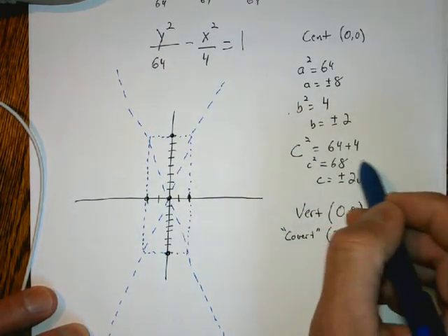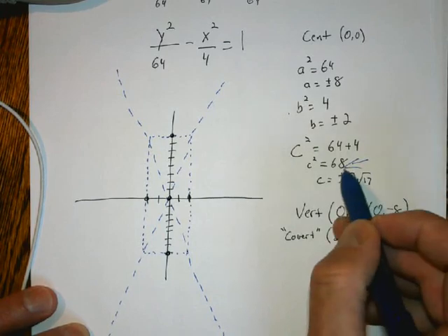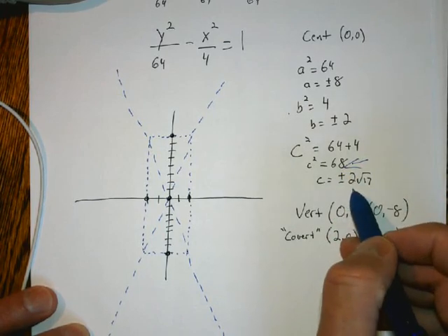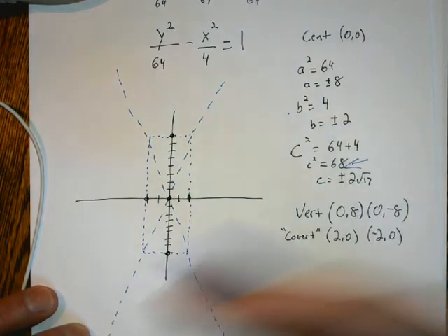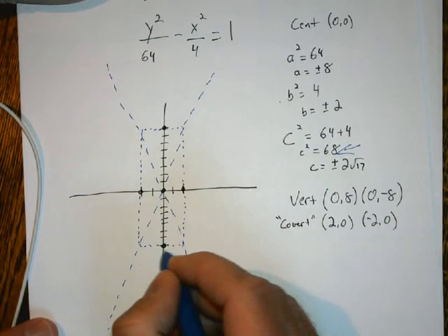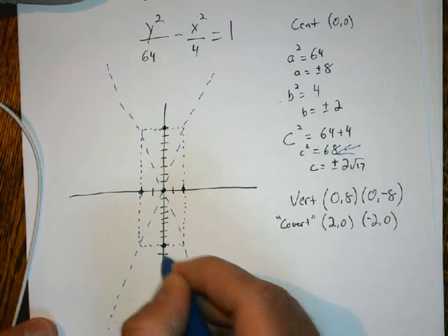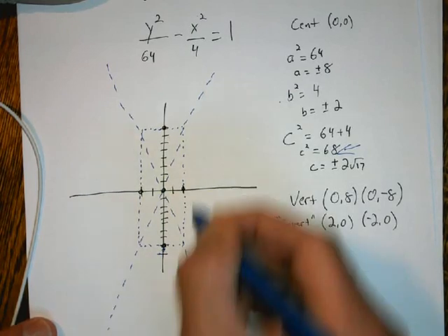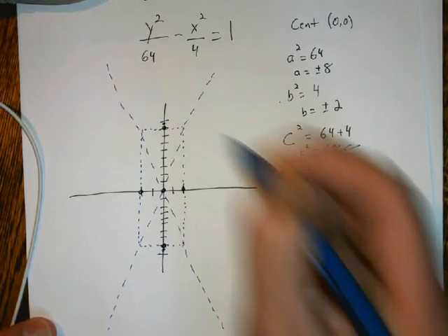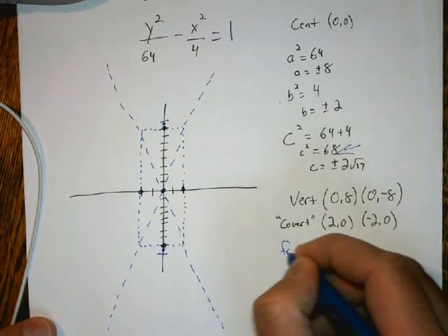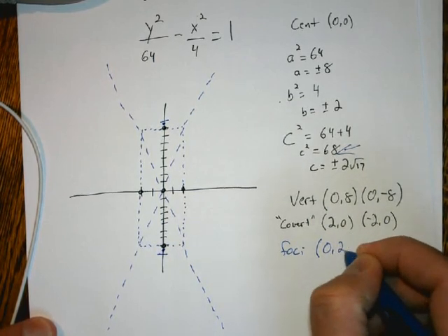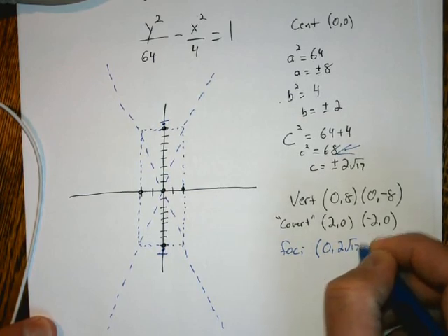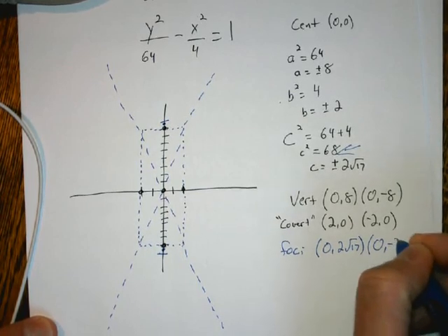The focus was at the square root of 68, which we simplified to 2 root 17. Now remember, the square root of 68 is just a little bit more than the square root of 64, so it's just a little bit beyond 8. So I just put a little dot here. Remember, it doesn't have to be absolutely perfect. The labeling is more important. So we're at 0, 2 root 17, and 0, negative 2 root 17.